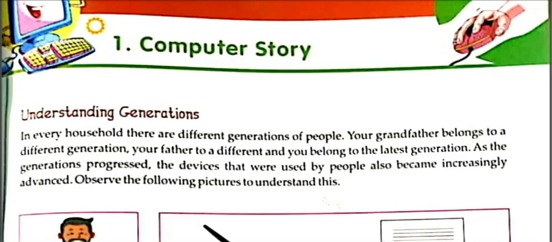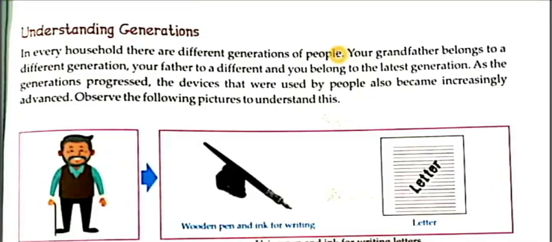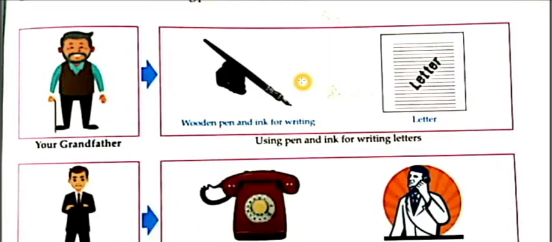Here I'm going to show you the different generations and the items they used in their own time period. In this picture you can see that your grandfather used a wooden pen and ink for writing letters.